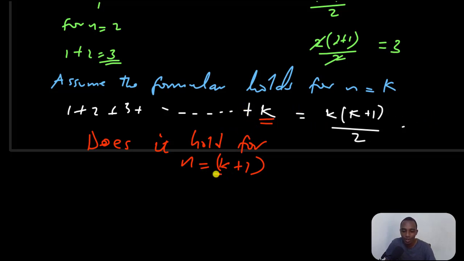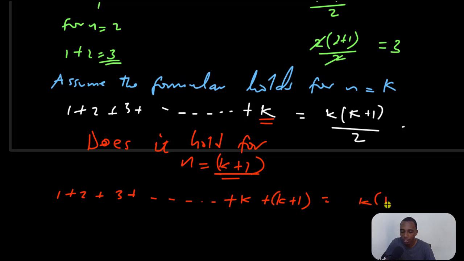Now, since we want to add another term, k plus 1, I'm just going to add k plus 1 to the left-hand side and k plus 1 to the right-hand side and see how that works. So we have 1 plus 2 plus 3 plus any number of terms here plus k, and then k plus 1. We'll do the same on the right-hand side.